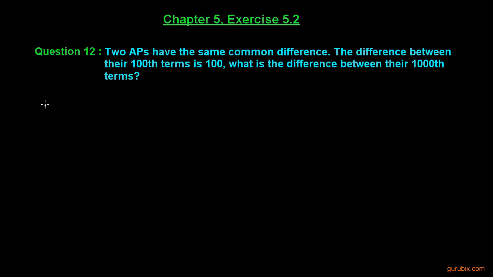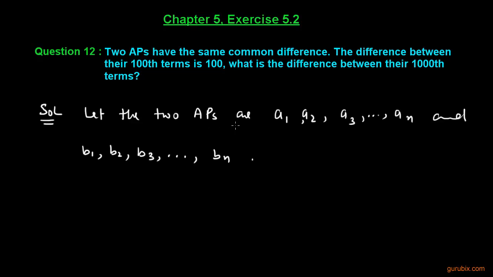Let us solve it. Let the two APs be A1, A2, A3, ..., An, and the second AP be B1, B2, B3, ..., Bn.